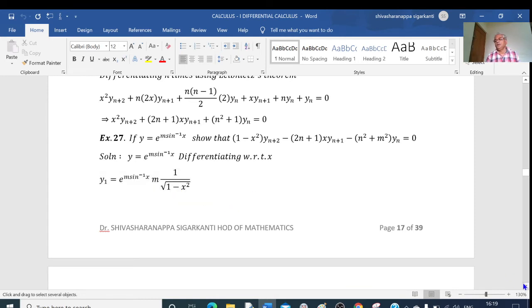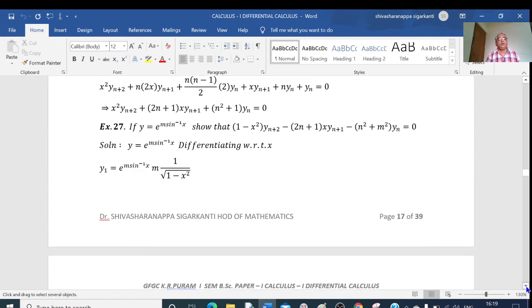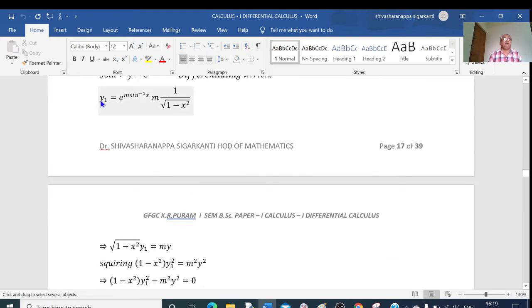So this is our y1. Multiplying this throughout by root of 1 minus x square, I will get root of 1 minus x square into y1 equal to m into e power of m sin inverse x. This is nothing but our y. And if I square this equation, I will get 1 minus x square into y1 square equal to m square into y square. Okay.